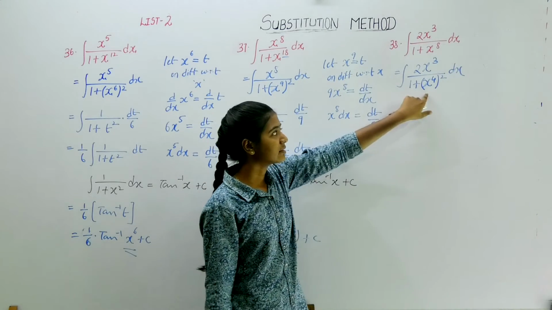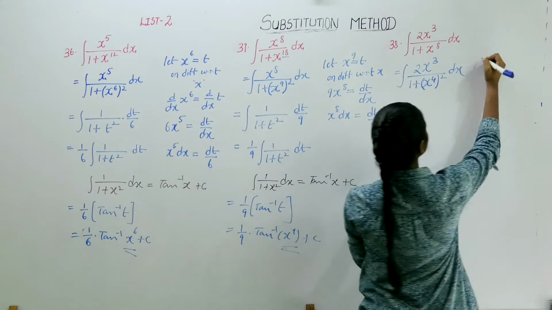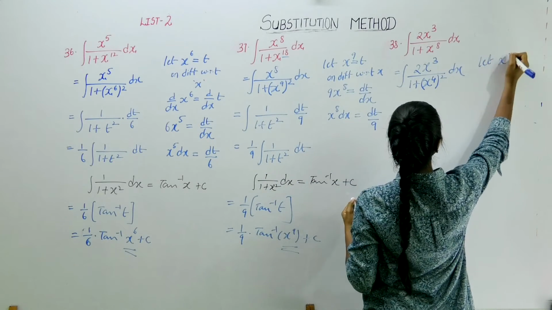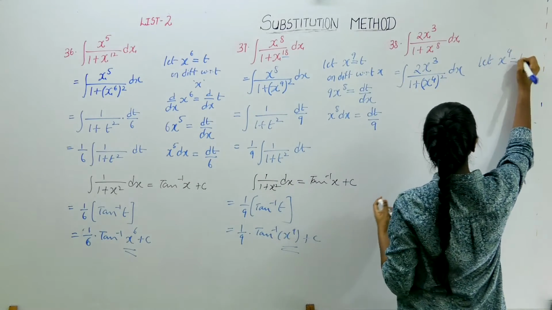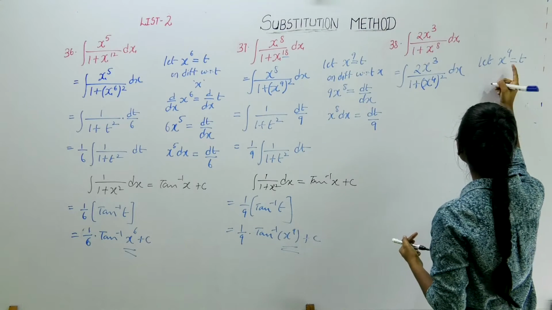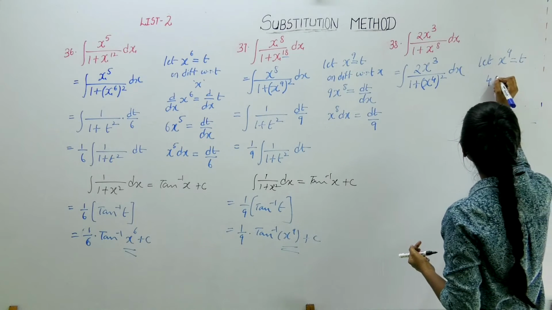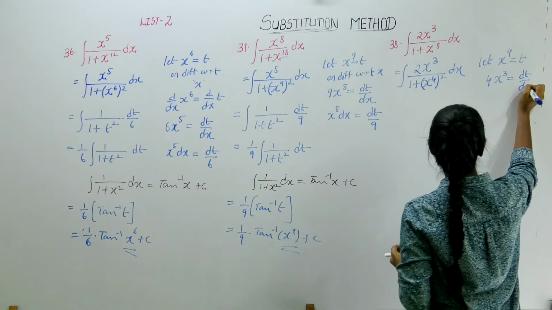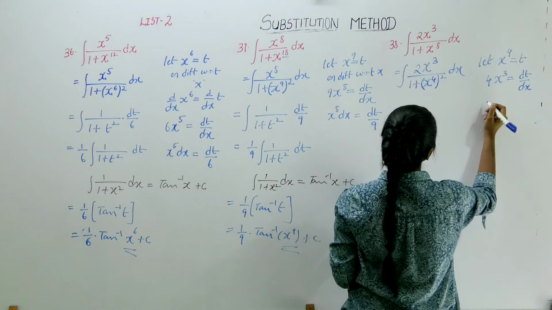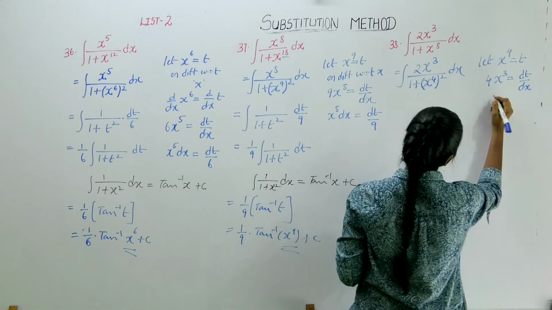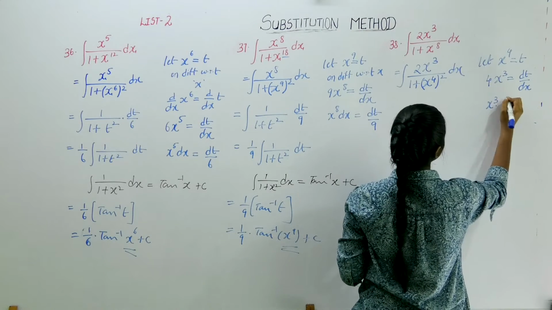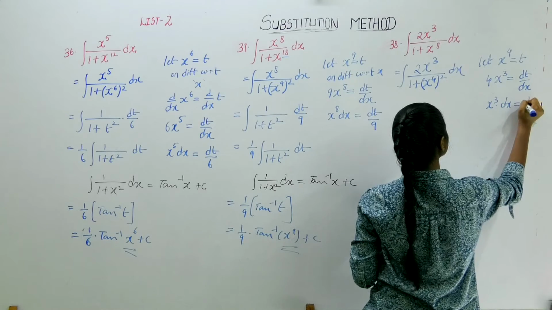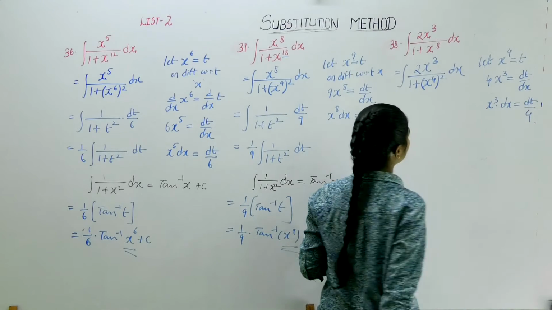Okay, now let us assume x power 4 is equal to t. On differentiating with respect to x, we get 4x cube is equal to dt by dx. So x cube into dx is equal to dt by 4.